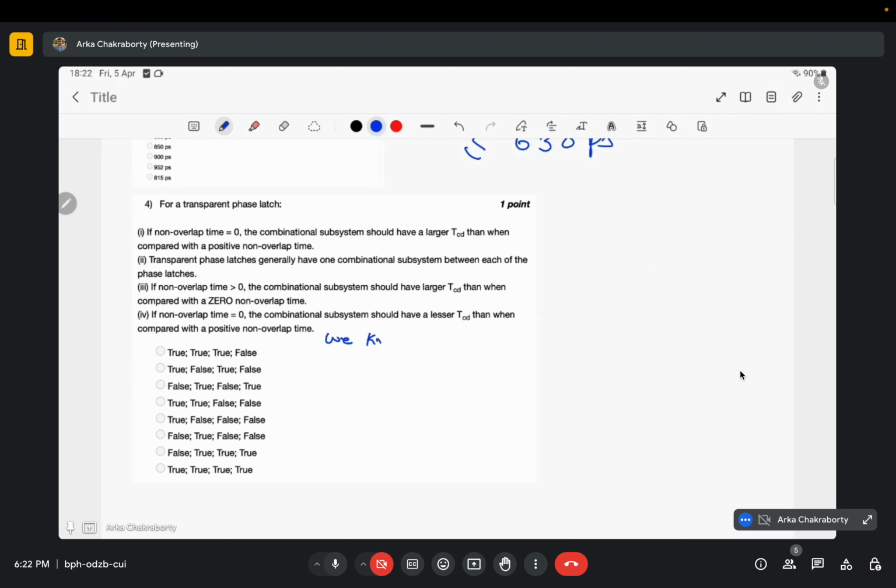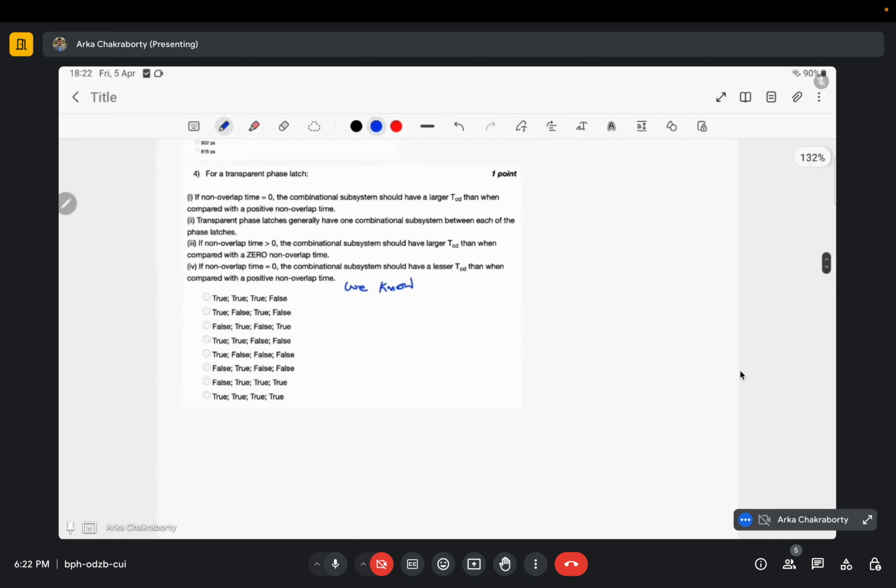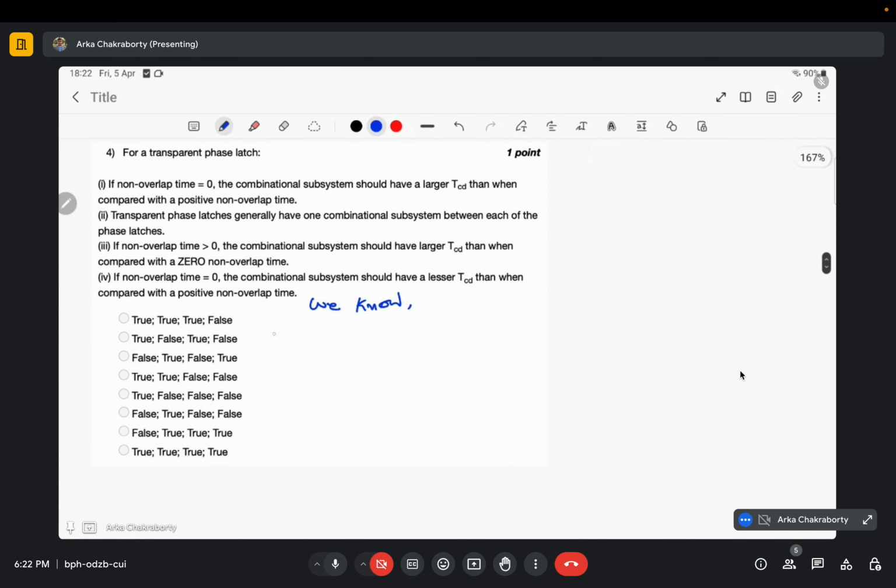We know T hold is less than T non-overlap plus T contamination clock to Q, generally it is 1, plus T contamination delay of 1.